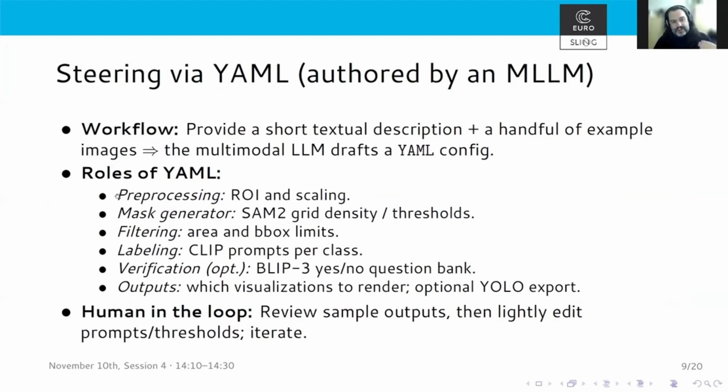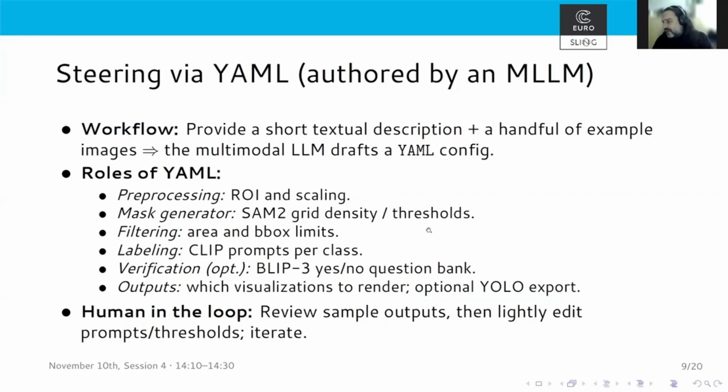So basically, what I showed you means we have pre-processing, very easy generation of masks, so where the objects are, but we don't know what objects. Filtering, just some very easy, human-made rules. Then labeling, this is the problem, where LLMs shine. Verification, two questions you can ask. And then output.